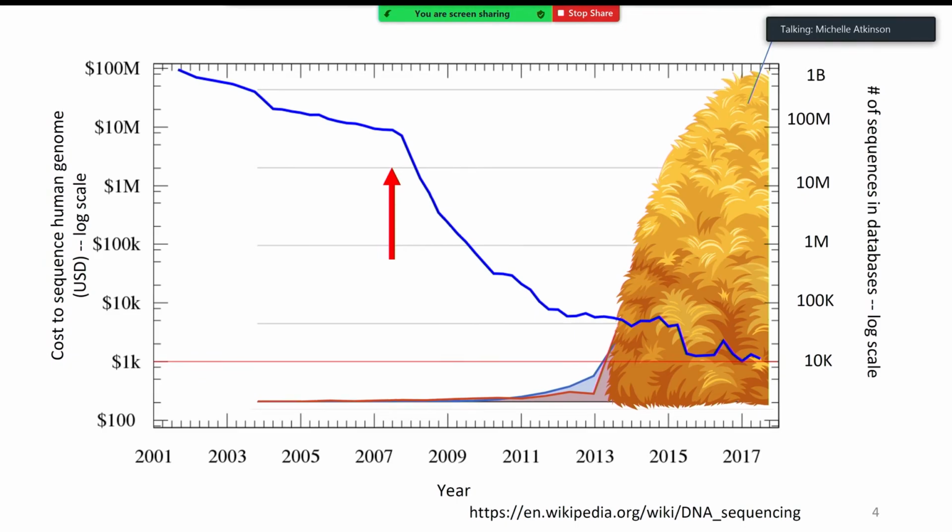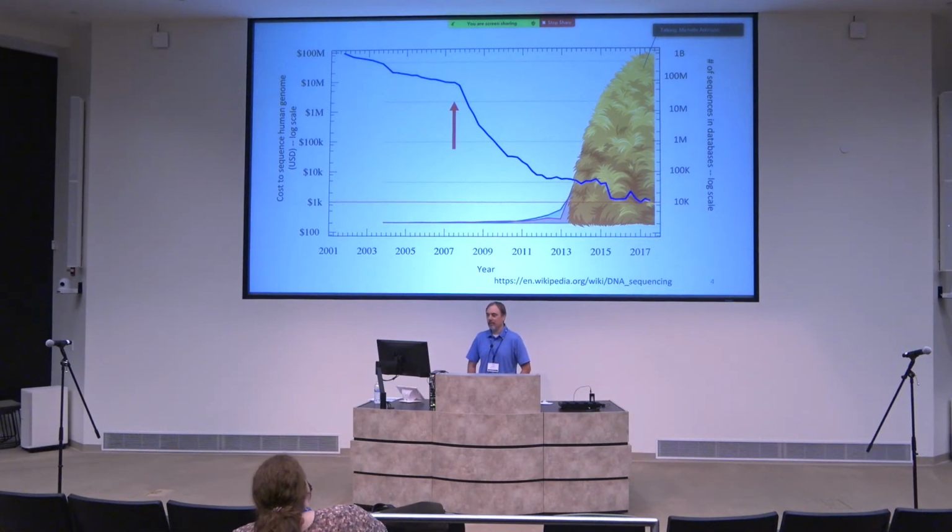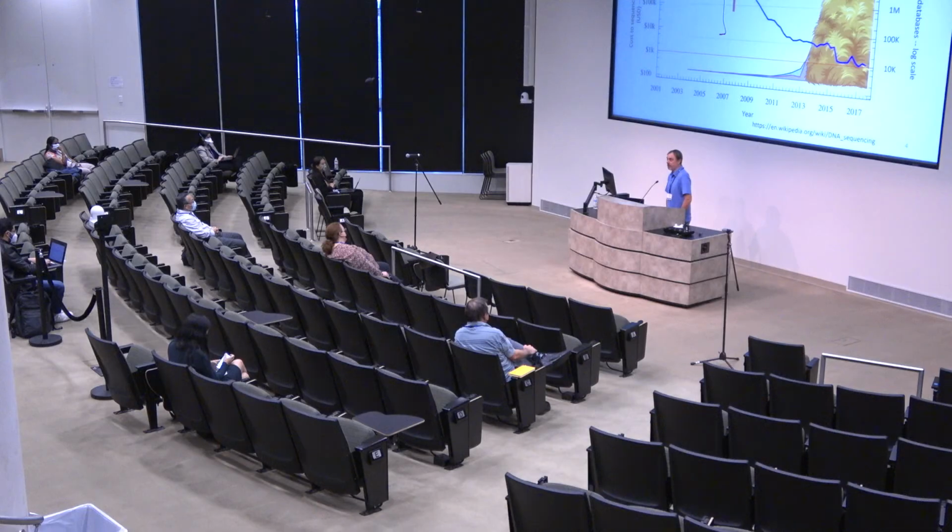In this plot, since the early 2000s, around when I started my PhD, the cost to sequence the human genome has dropped from $100 million to under $1,000, which has really boosted the amount of available genomic data, again our As, Gs, Cs, and Ts. This is a key point to think about as I push forward through this talk: the availability of data has really exploded.